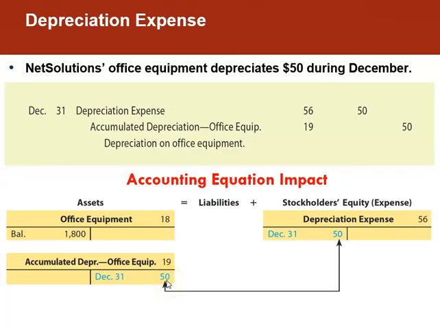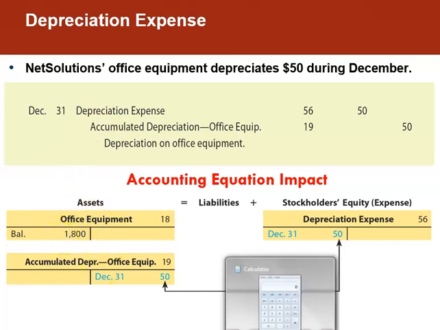This is what I really want you to understand here. Net Solutions office equipment depreciates $50 per month. That means that it's $50 for every month of the year, including December. Remember, we bought that office equipment.